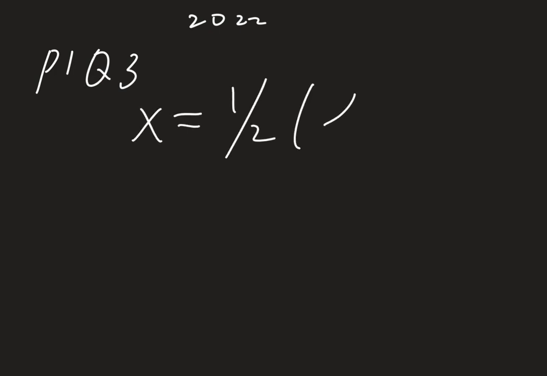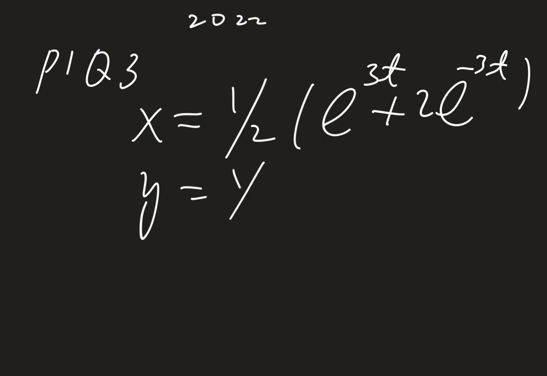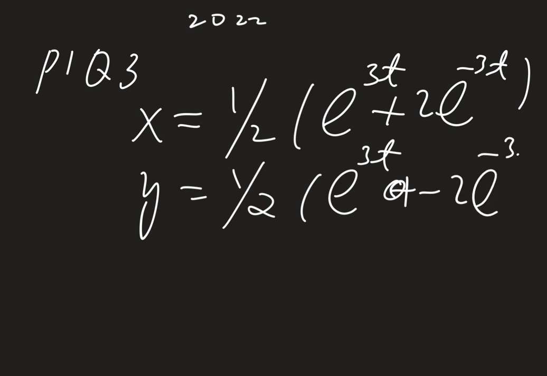Q3, P1, 2022. It says that using the parametric curve x equals 1 over 2 e^(3t) plus 2e^(-3t), and y equals 1 over 2 e^(3t) minus 2e^(-3t).